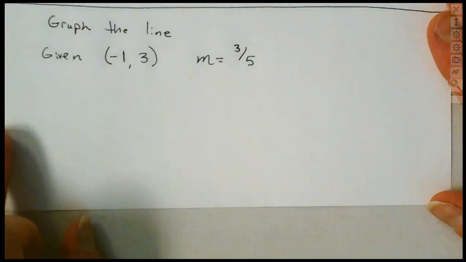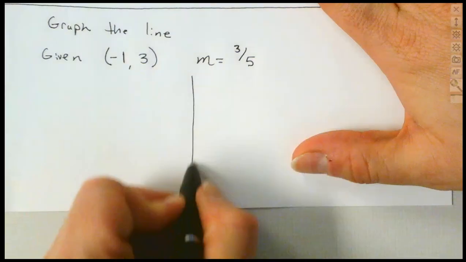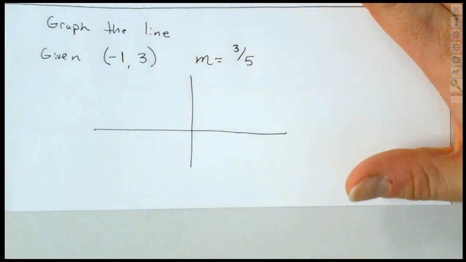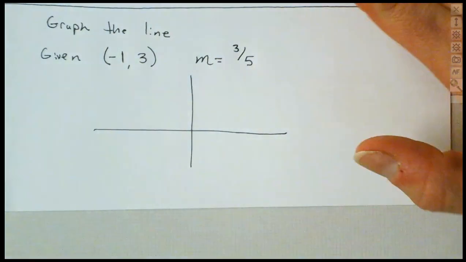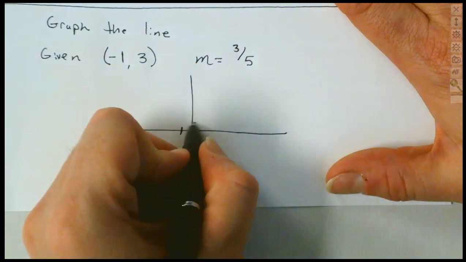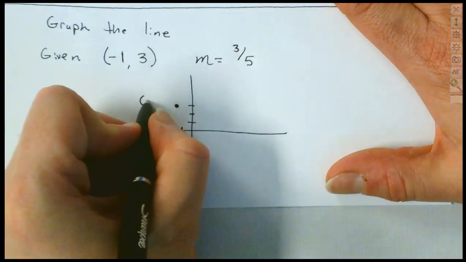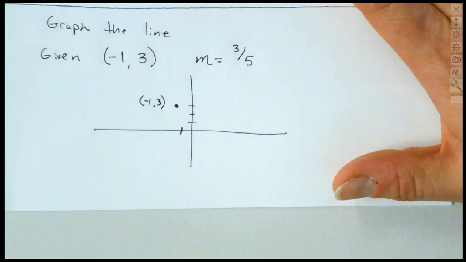So what do I need to do? Well, first things first, plot that point. So -1, +3 would be back 1 unit, and then up 3 units. So back 1 and up 3. The very first thing I do is plot my point.